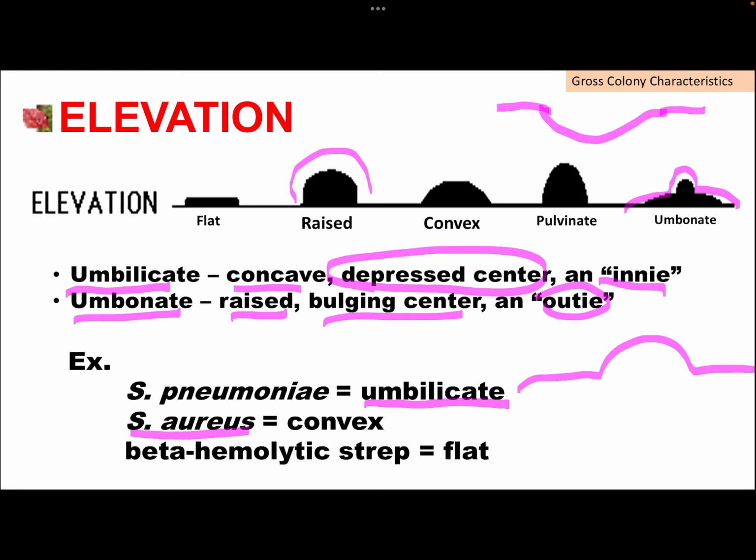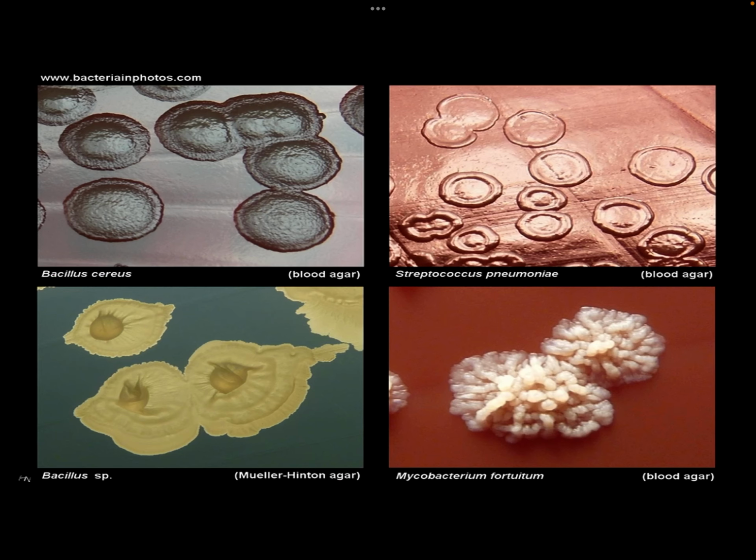Staphylococcus aureus, on the other hand, is convex. Beta hemolytic streptococci are usually flat. I know it would take a long time for you to really memorize that, especially right now that the microorganisms are also changing. So you really have to do multiple testing before you correctly identify the species of the microorganism.